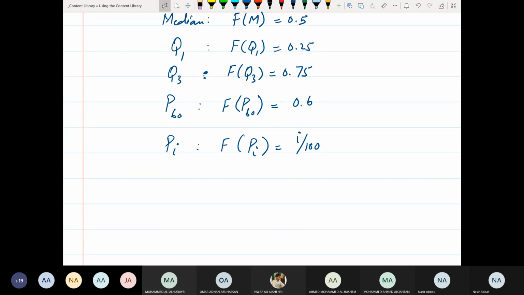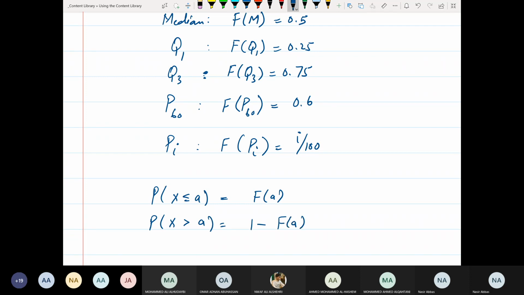Also, this capital F of x can be used to find the probabilities. The probability of x less than or equal to a is simply capital F of a. The probability of x greater than a is 1 minus F of a.